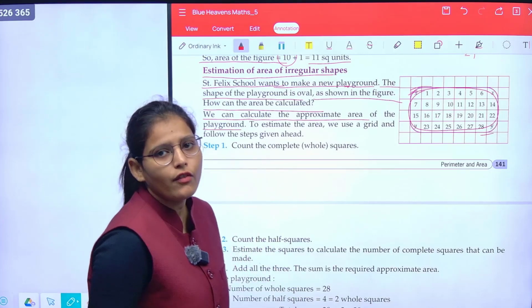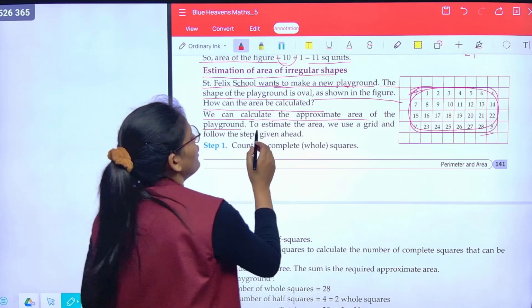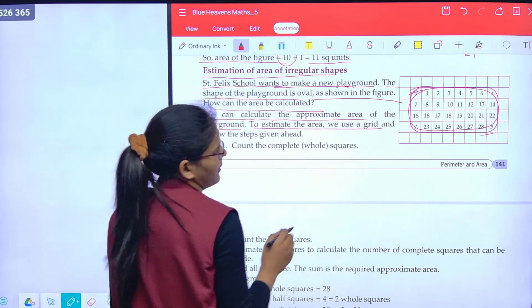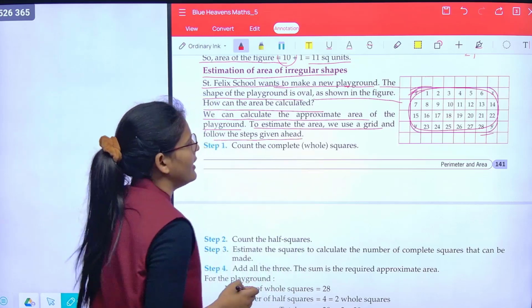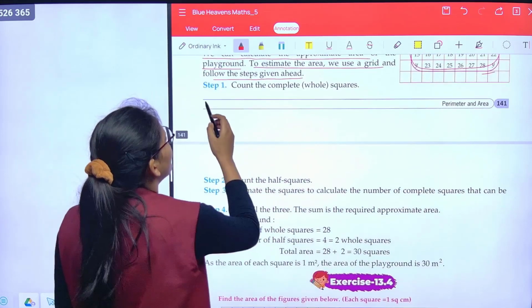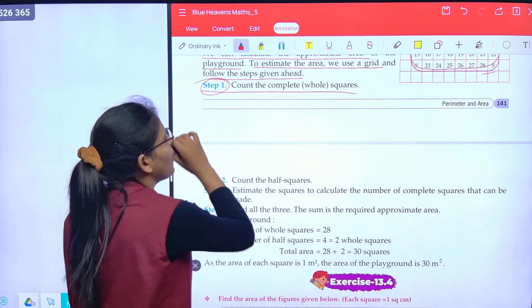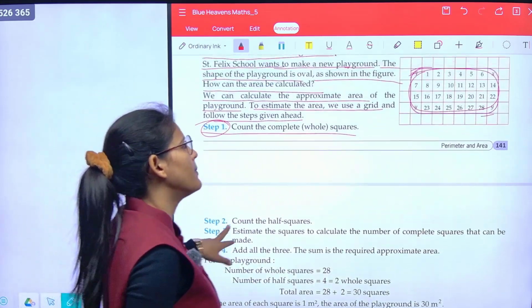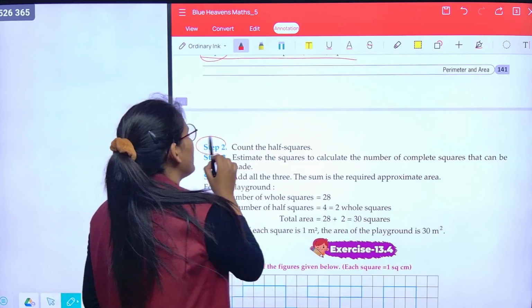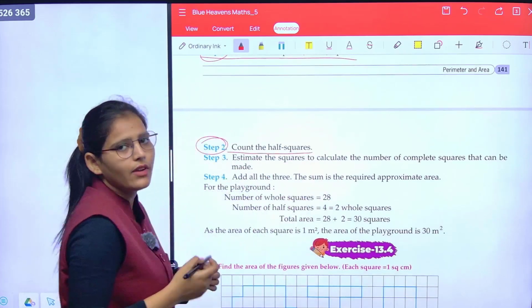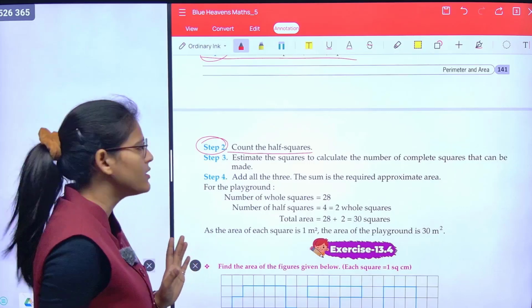Approximate area of a playground. To estimate the area we use a grid. What will we use? Grid, and follow the steps given ahead. Step 1: count the complete whole squares. First we will count the complete squares. Then in step 2 we count the half squares.